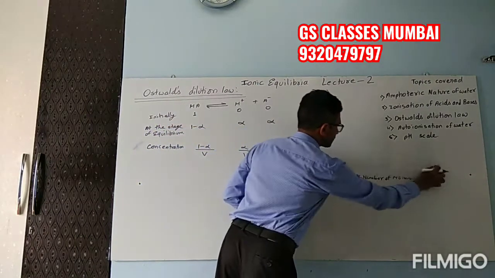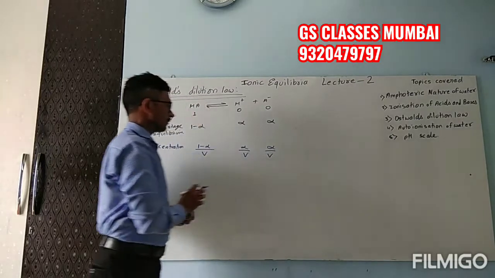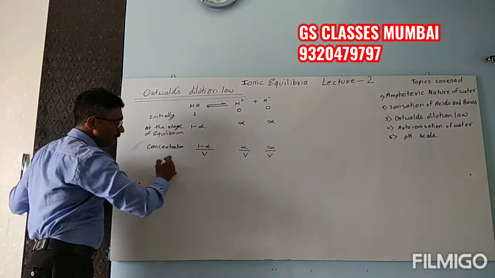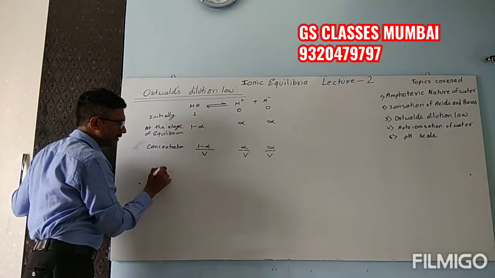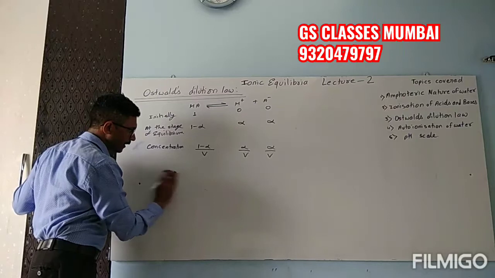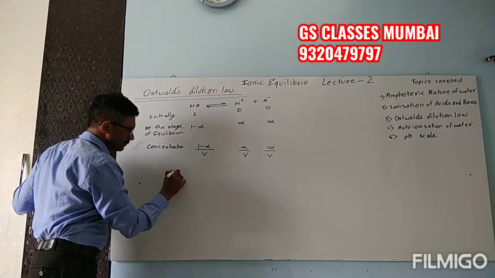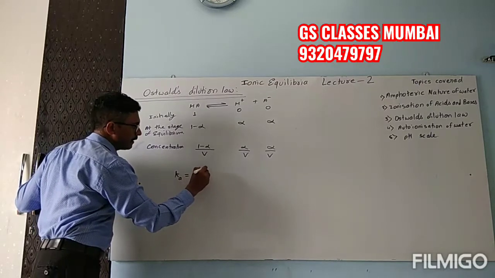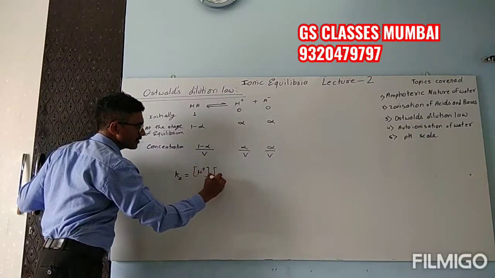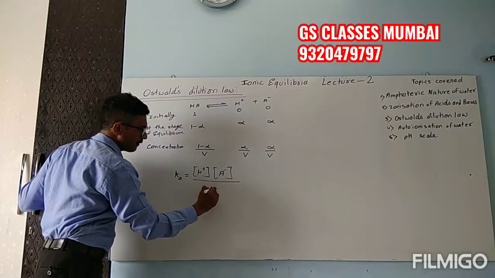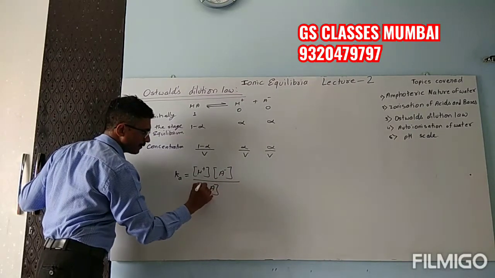Now children, if I have to write here HA, I will write this way. Ka is the hydrogen ion concentration times the A minus ion concentration divided by HA.